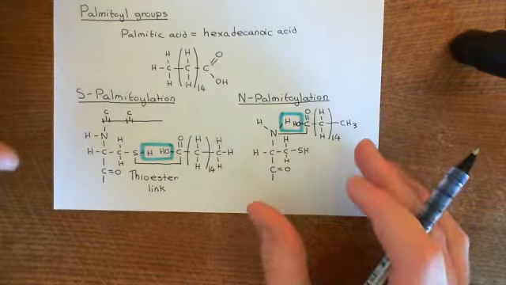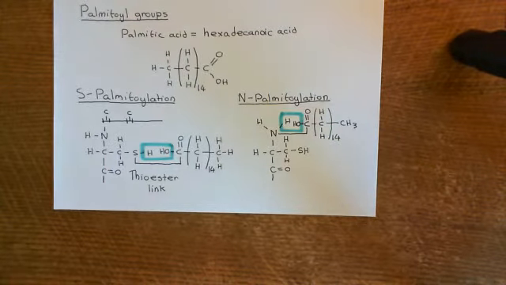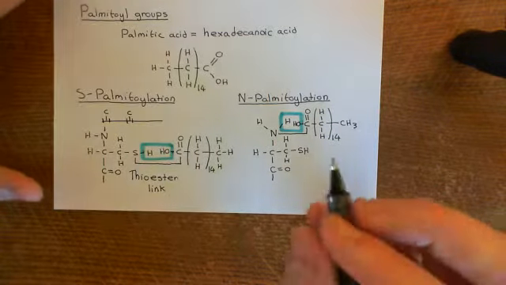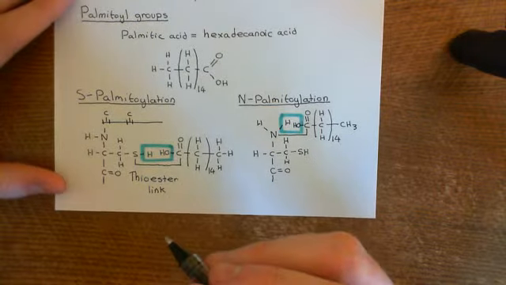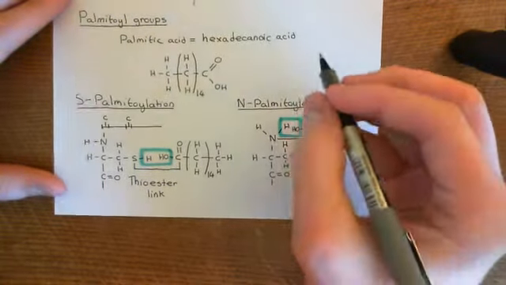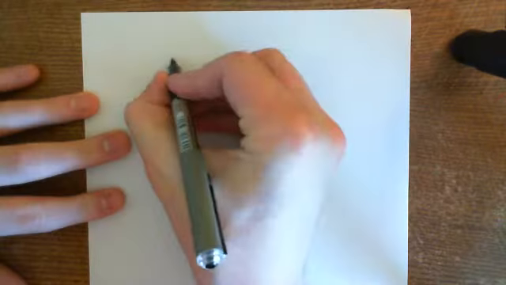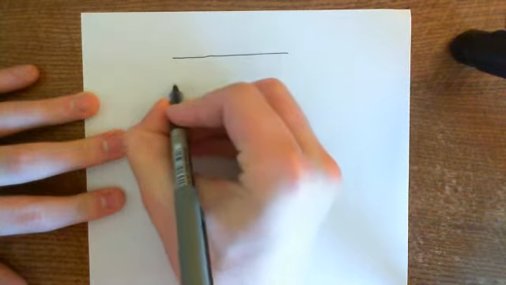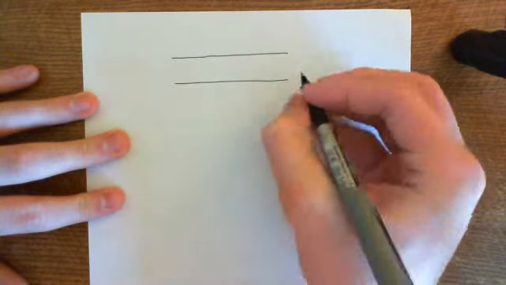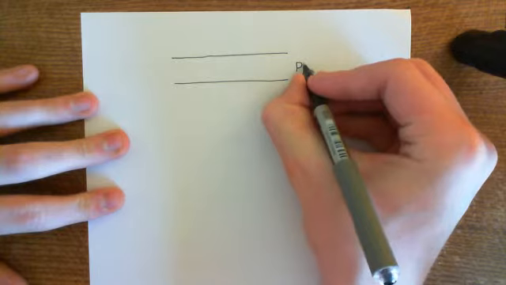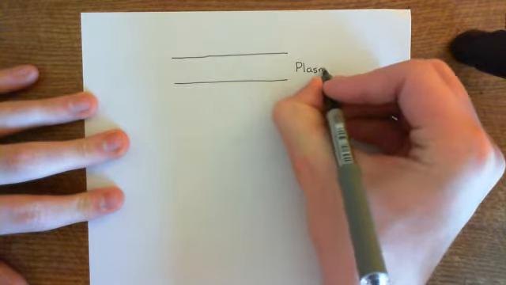Now, basically, having palmitoyl groups stuck onto a protein targets that protein for the inner leaflet of the phospholipid bilayer. So let me turn over the page and discuss this. If we draw the phospholipid bilayer here, the plasma membrane or the cell membrane consists of 2 layers of phospholipids.